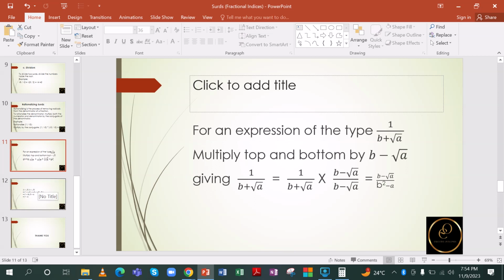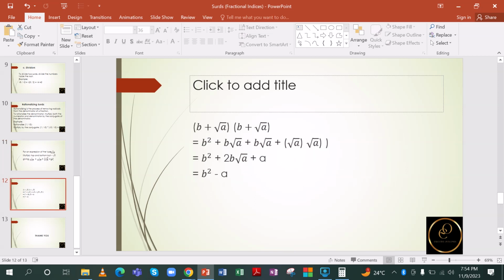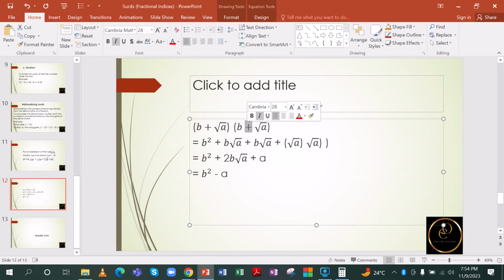So as a negative, when you multiply it, it will be this times that. I'm just expressing the bottom one, which has a negative here. Okay, so that's how it is done.